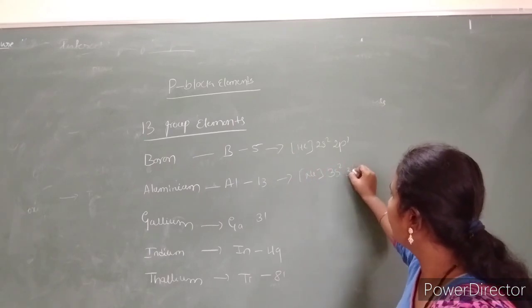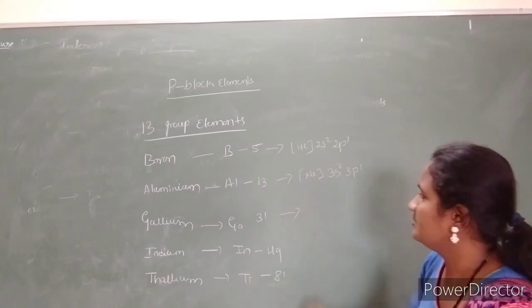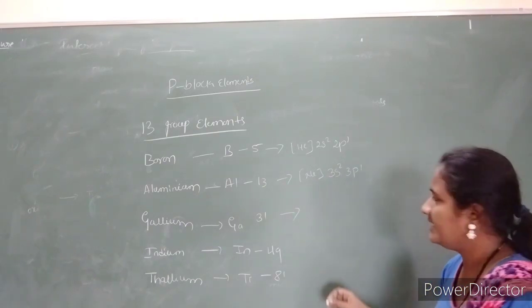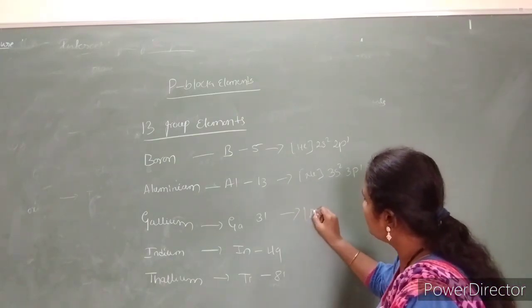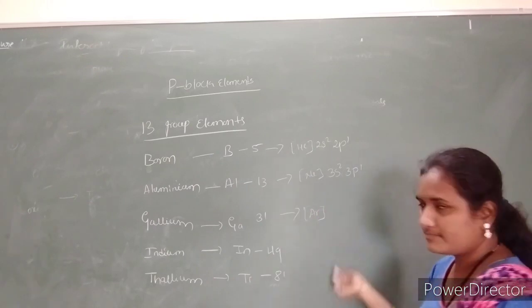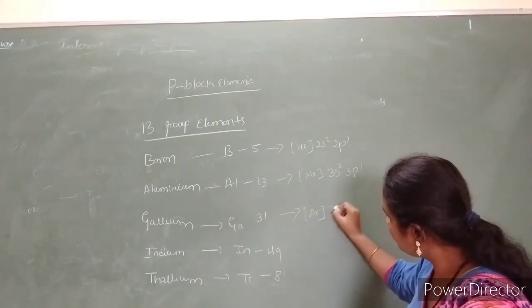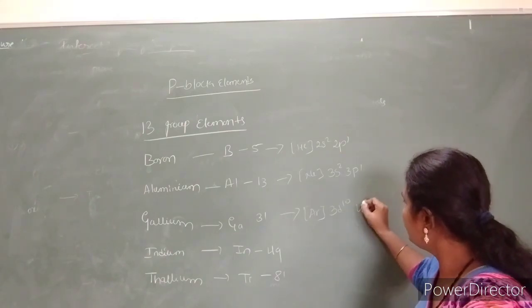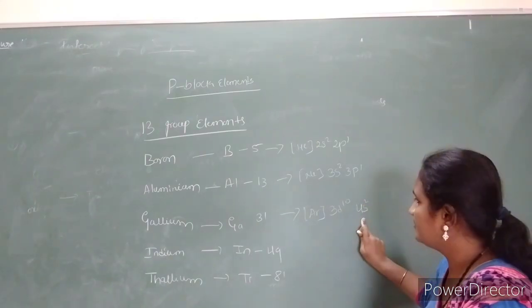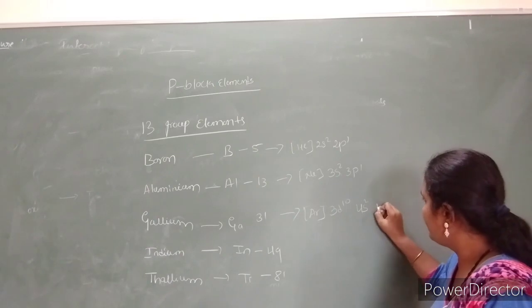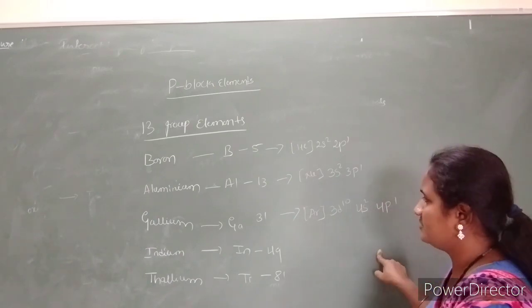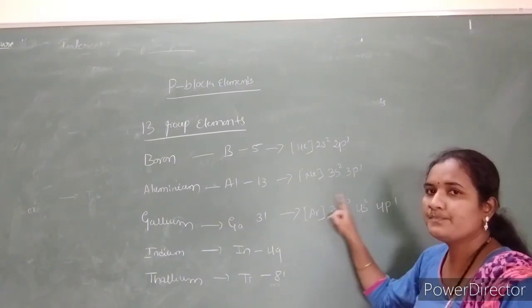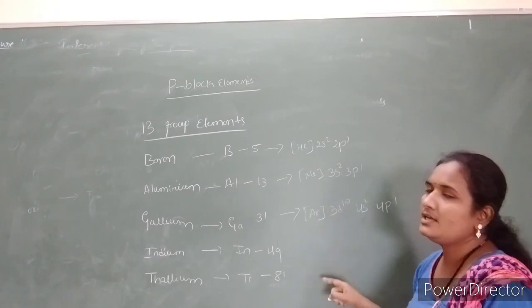But gallium is 31, so argon is 18, and it still has more electrons. So now 3d10, that makes 28, 4s2, 30, 4p1, 31. So from gallium we have an arrangement of 3d.